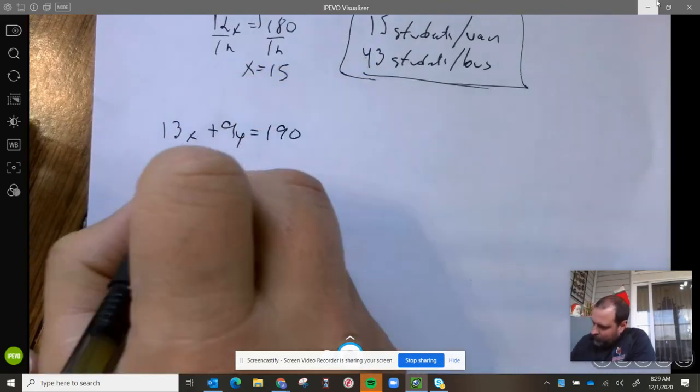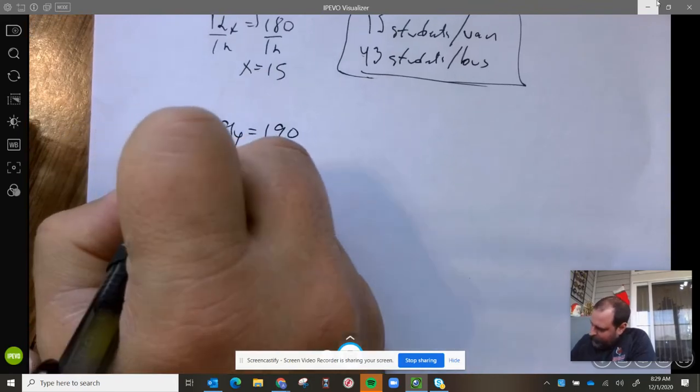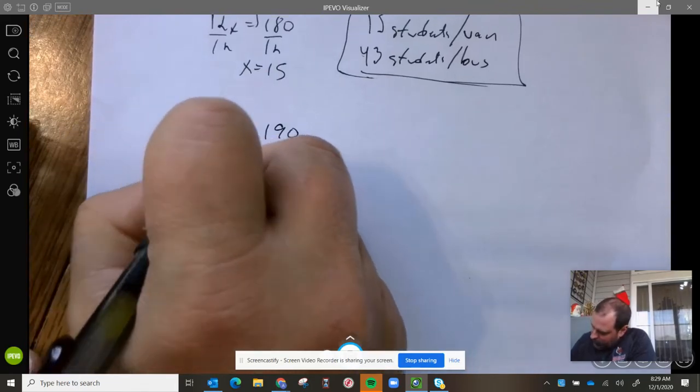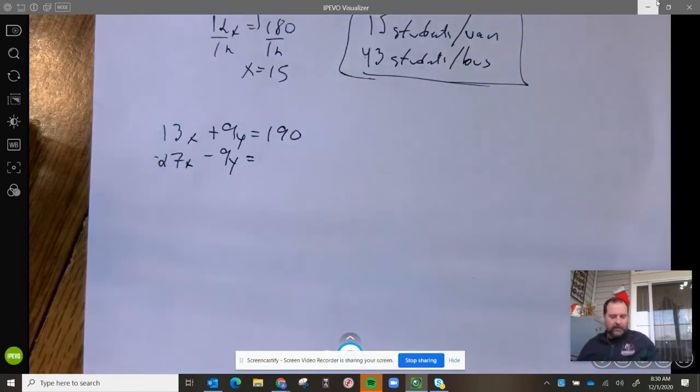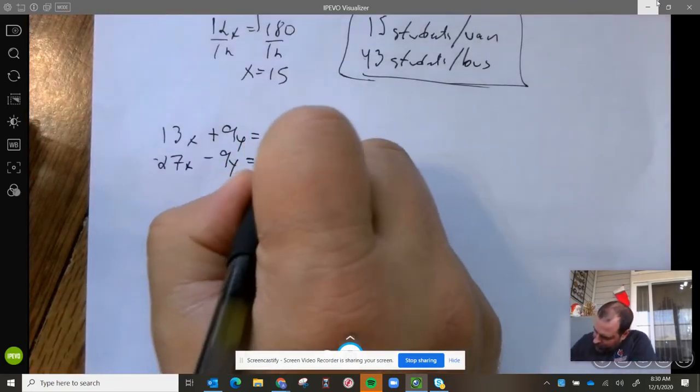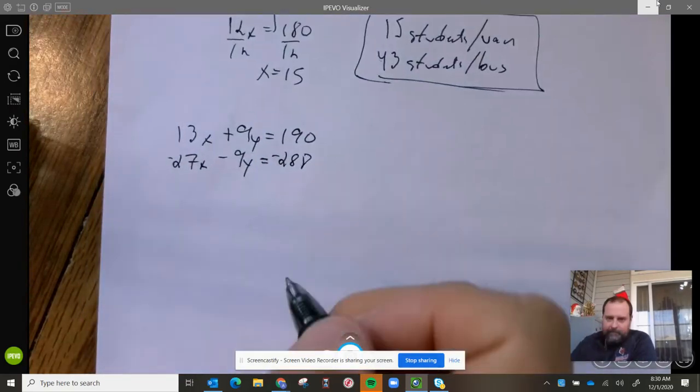Nothing changes there. The bottom row we're multiplying by -3, so I get -27x minus 9y equals, see, 96 times 3 is 288, -288. Okay.